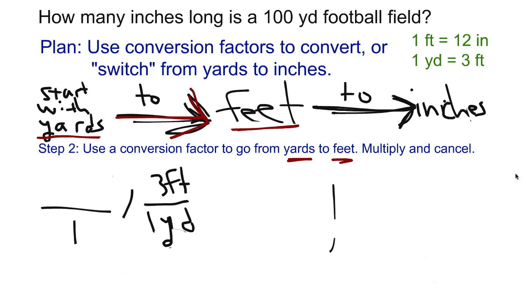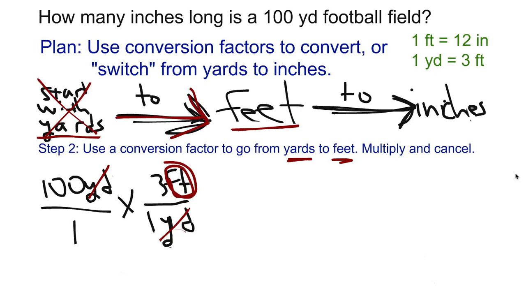Now look what happens when we multiply. We have yards on top and we have yards on the bottom, and this will cause them to cancel. So the only thing we're left with now is feet, because yards canceled.